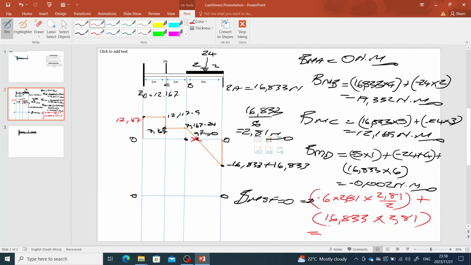Now I get my bending moment there on the fixed point as 23,612 Newton meter.